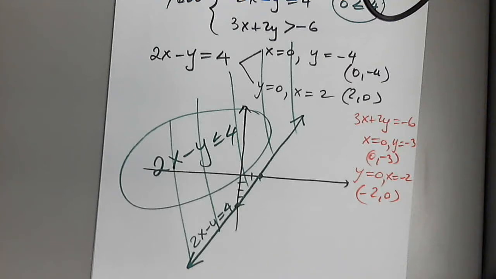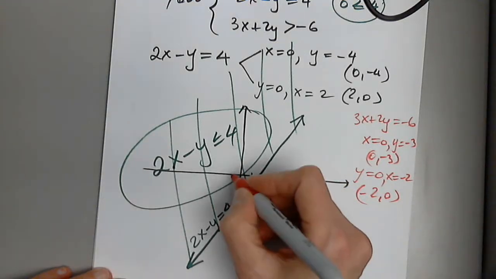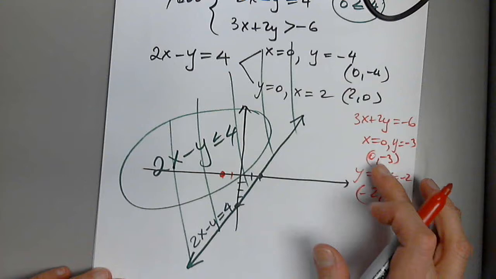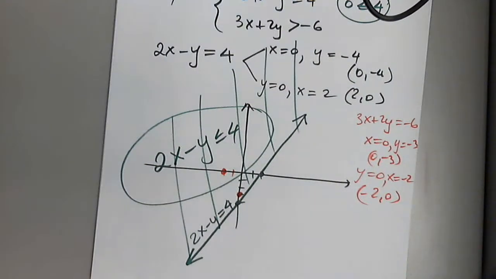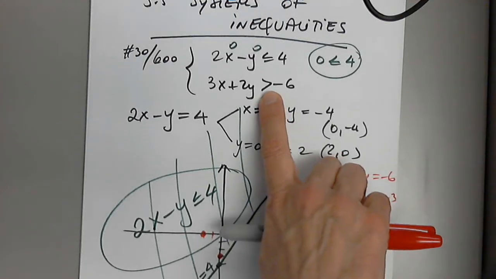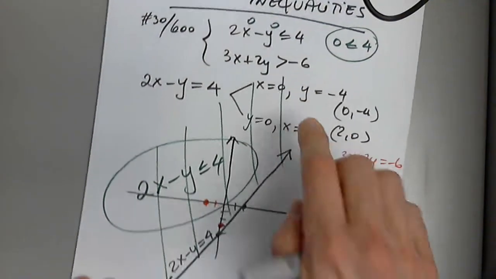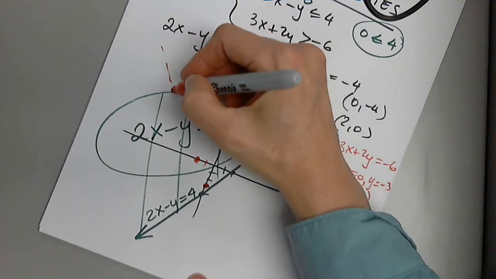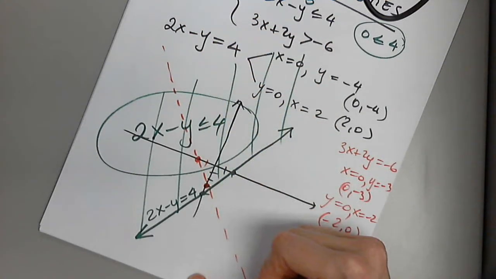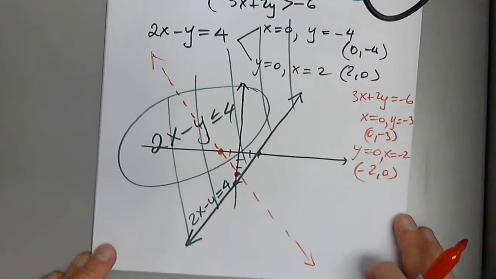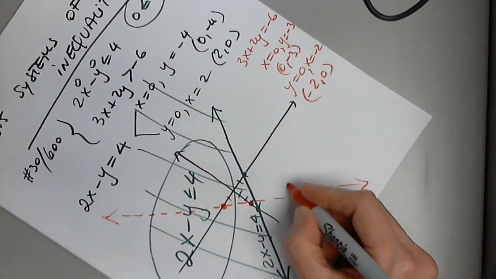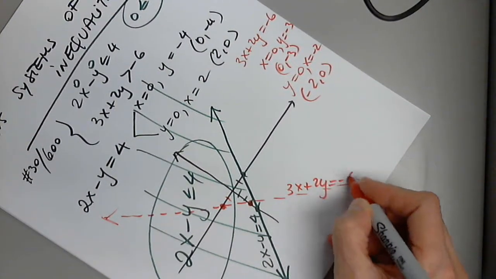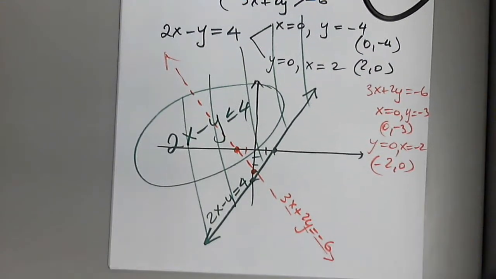I will plot these points, negative 2, 0, and 0, negative 3. But I have to stop and inspect the inequality symbol. It does not have the equal symbol. Therefore, I cannot draw this line as a solid line, but remember to write 3x plus 2y equals negative 6. The reason is the points on this line will not be part of the solution.